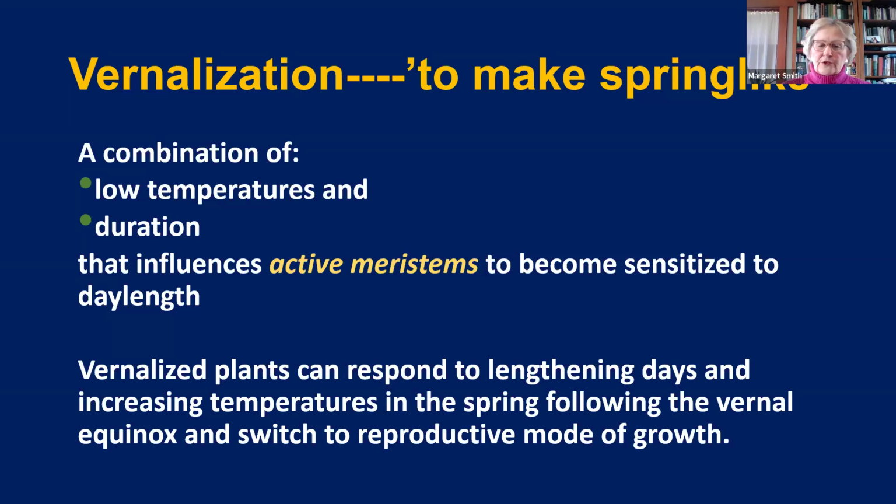So if you take a winter rye and plant it in the spring, it does not become vernalized. So even though you get lengthening days and increasing temperatures, it stays vegetative. So the winter type grains require vernalization.